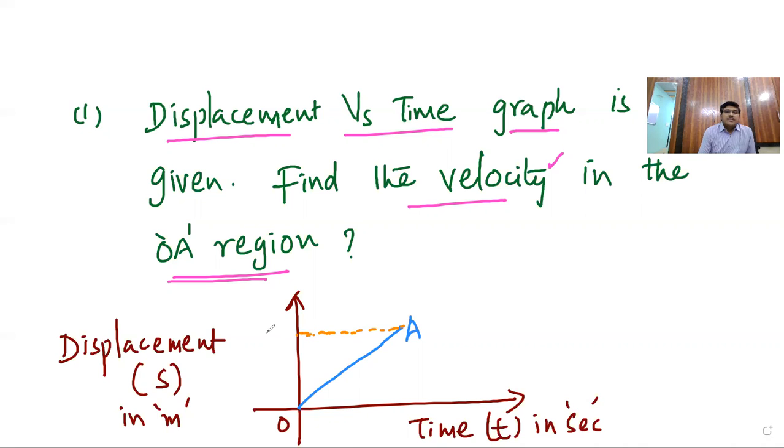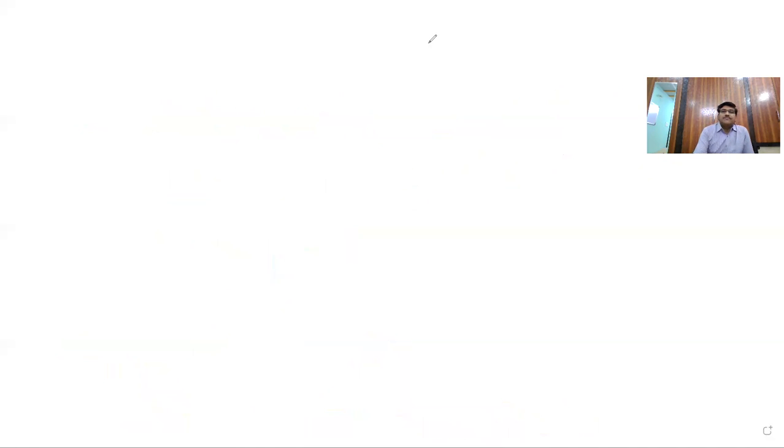On the y-axis it is 12, and on the x-axis also it is 12. That means at point A, the line intersects the y-axis at 12 meters, since the y-axis is meters. And at point A, the perpendicular drawn onto the x-axis gives 12 seconds, that is the time. Now it requires velocity in this case. Clear? Let us solve this problem.